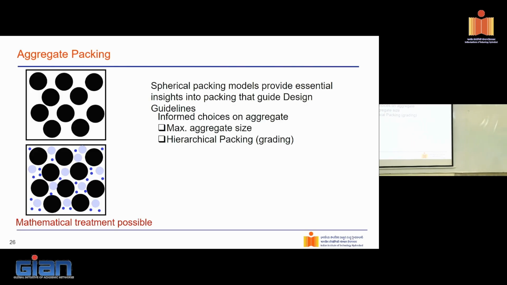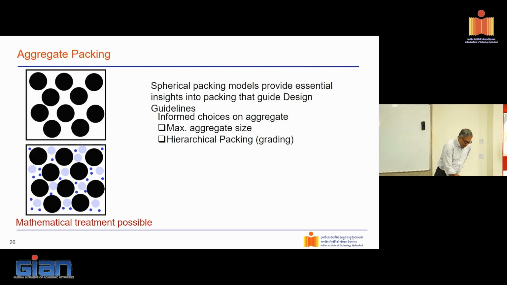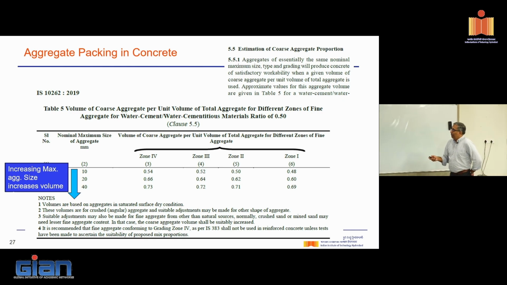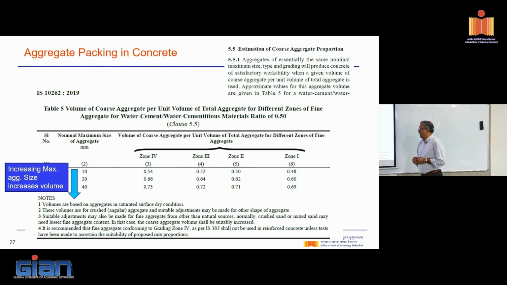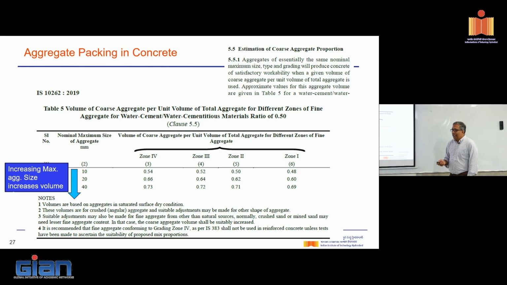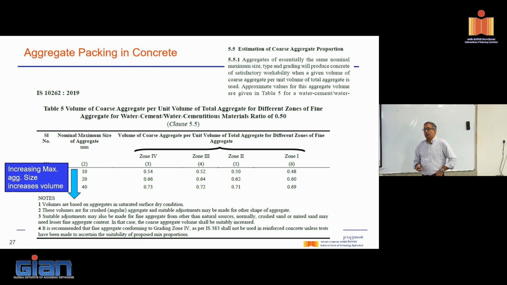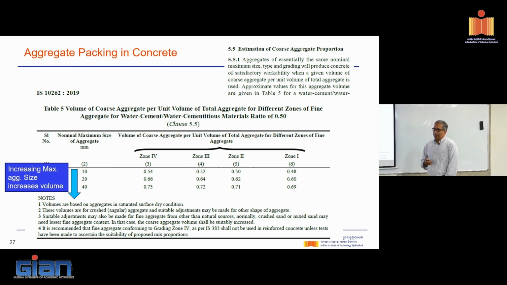Now let's see how this plays out in our IS 10262. Packing is addressed in this table here. We don't realize it, but it's built into the table. How does it play out? Well, here what we do is we decide the proportion of coarse and fine aggregate, right?